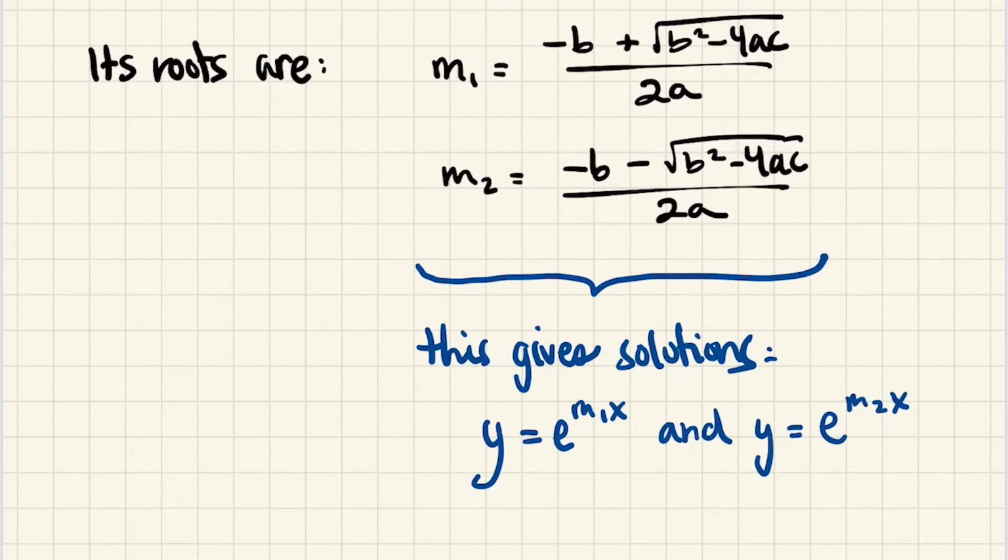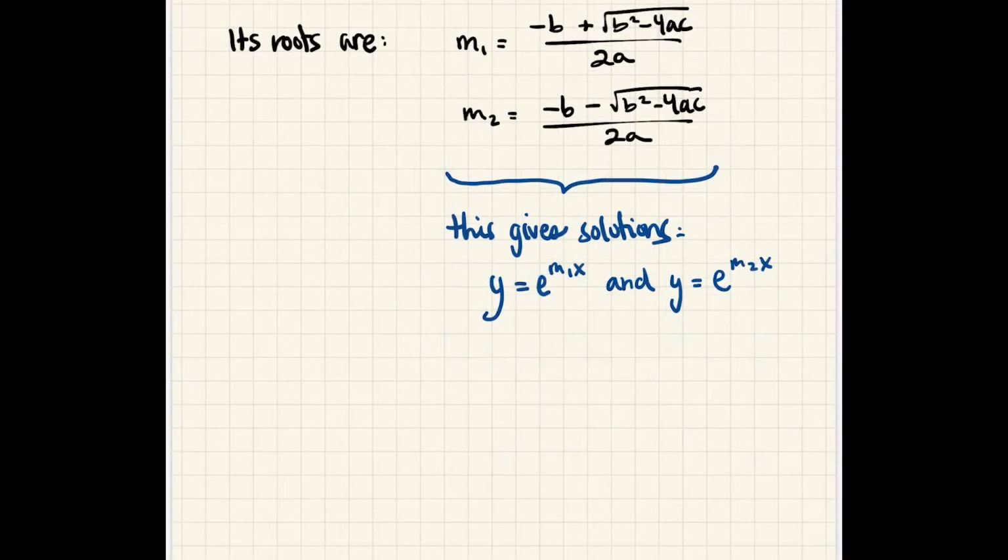Now, that sounds all great and wonderful, but we're not quite ready to just call it a day and go home, because we have some details that we need to take care of. First of all, we're solving a second order linear homogeneous differential equation. That means we know that its solution has the form y equals c1 times some fundamental solution, call it, say, y1, plus c2 times some other fundamental solution.